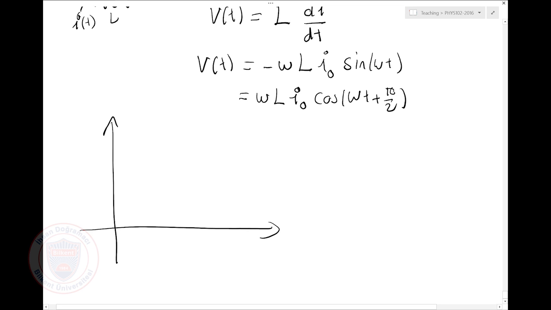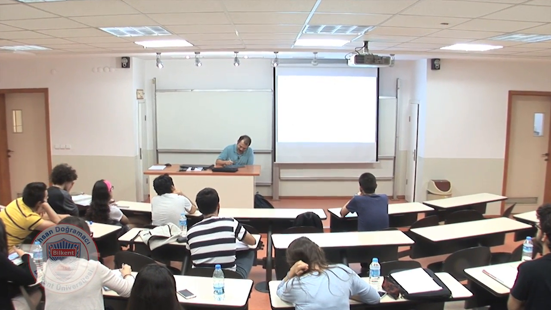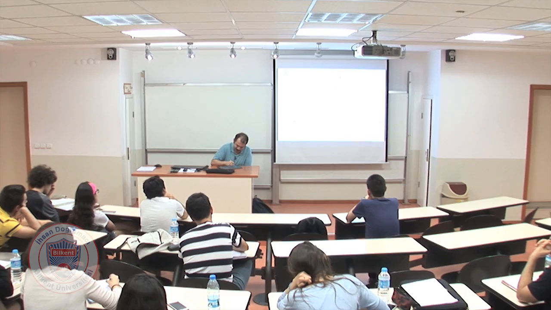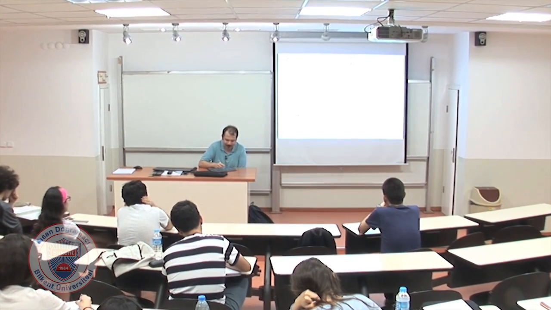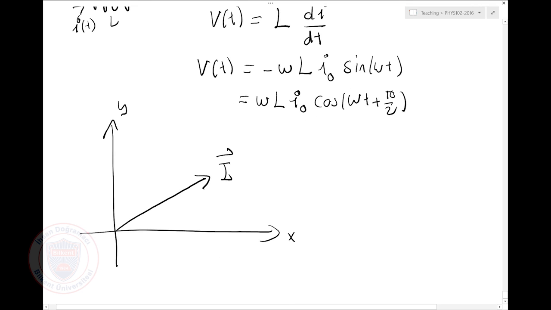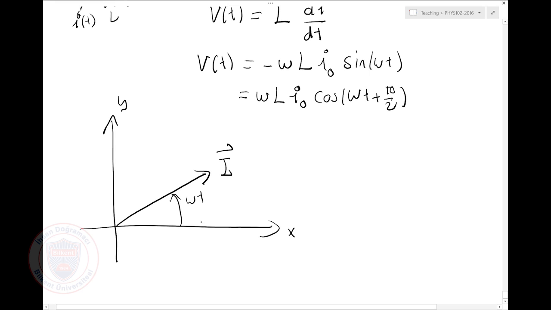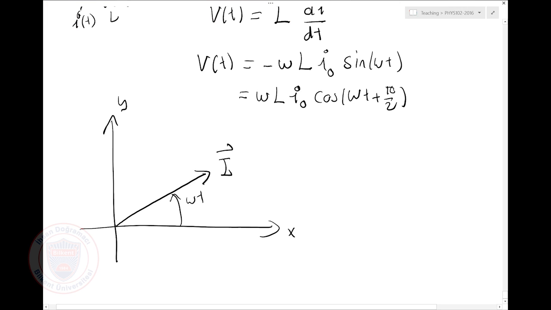Again, if I would like to think of these vectors, which are called phasors, by the way, I think it's a very good name. That's the kind of name that impresses your grandmother, right? So we use phasors today. Now be careful this time. If my current vector is at angle omega t, now it's just the opposite.